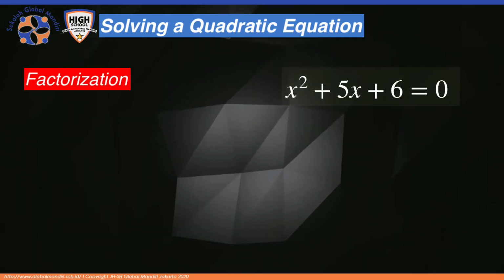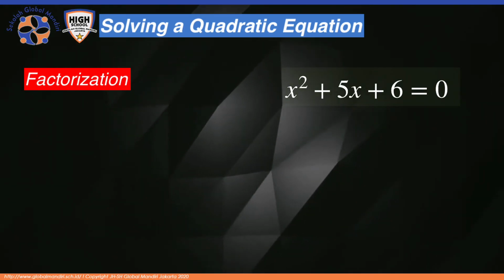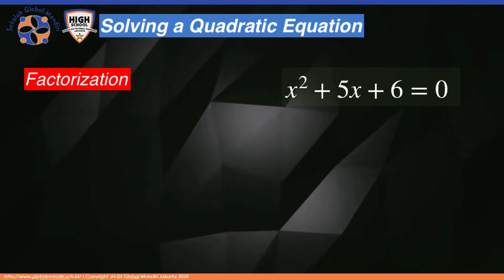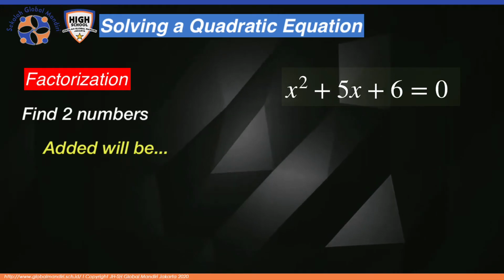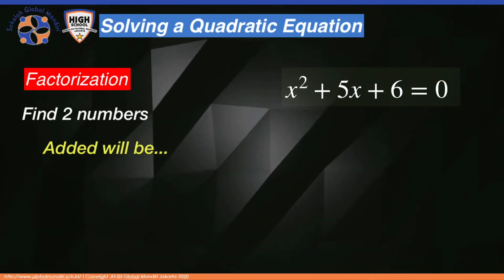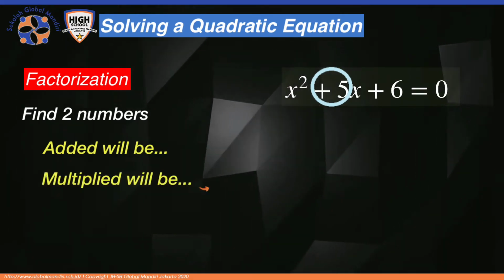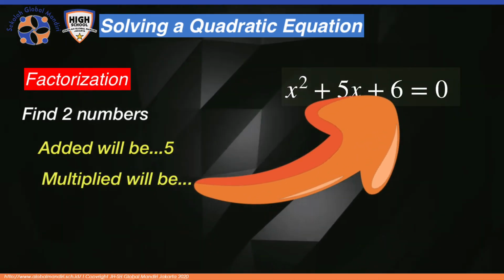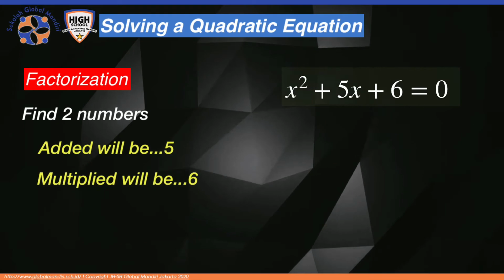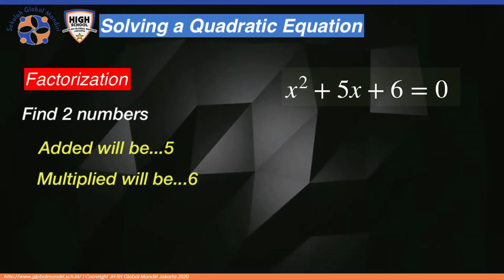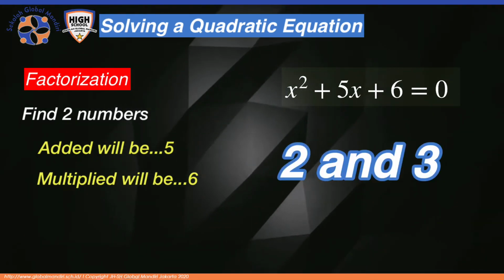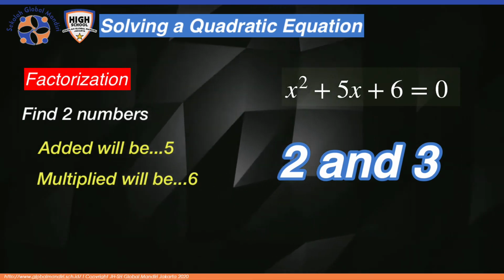To find the x, we need to do the factorization of the algebraic expression, which is we need to find two numbers, and if we add them, will be equal to this one, but if we multiply them, will be equal to this one. Can you guess that number? Yes, it is positive 2 and positive 3.